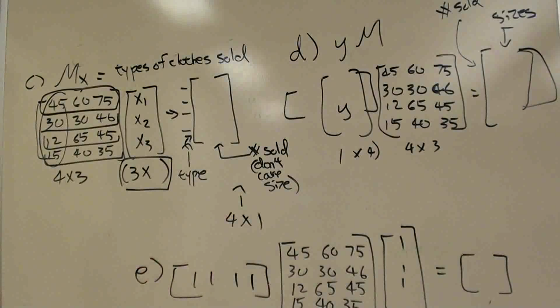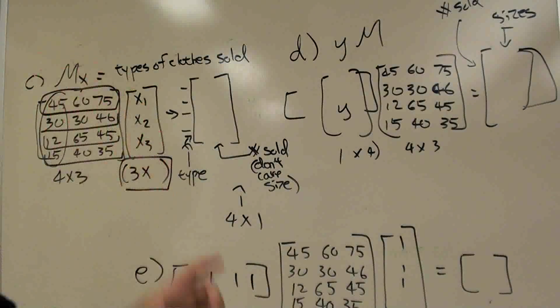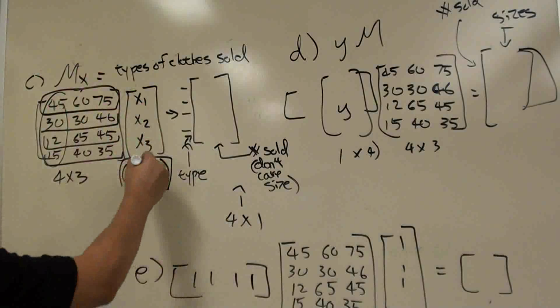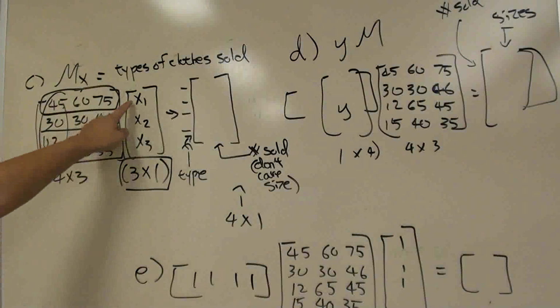They don't care. Small, medium, large, just shove them all together. I want to know how many shirts I've sold, which means the column has to be 1. That's why we know the overall should be 4 by 1. And if we know the overall is 4 by 1, then the earlier ones better be 1. That's the only way you get 4 by 1 dimension through multiplication, right? So that's the case. Then we have to figure out what this is.